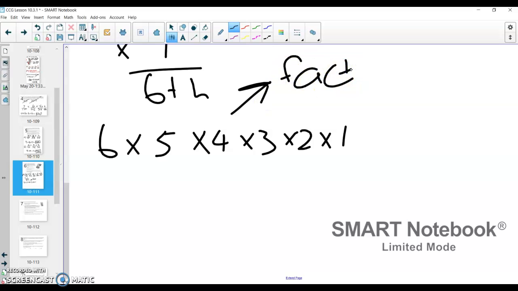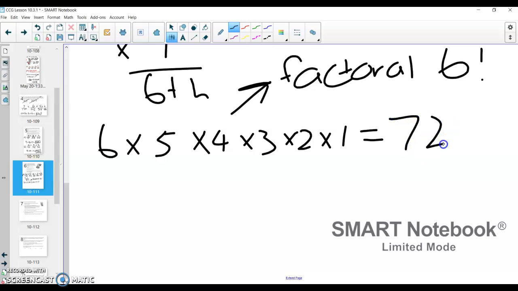What I just wrote out there is the same thing as if you ever saw 6 with this exclamation point. 6 factorial is the same thing as 6 times 5 times 4 times 3 times 2 times 1. That's a nice little segue into that, but we'll just focus on this right now. I'm going to calculate this out. 6 times 5 times 4 times 3 times 2 times 1 gives me 720 possible arrangements of this schedule.